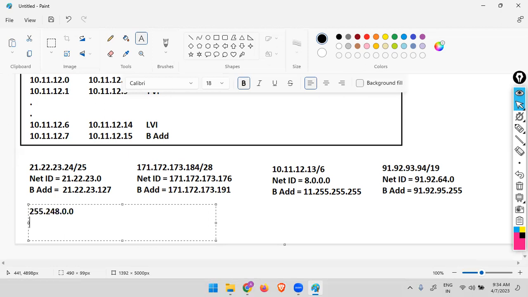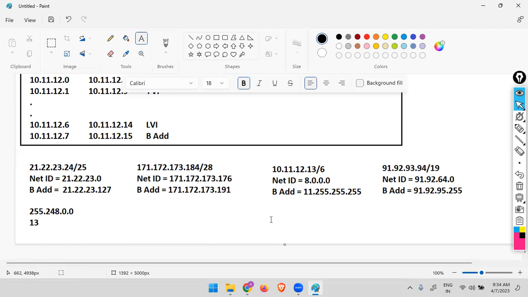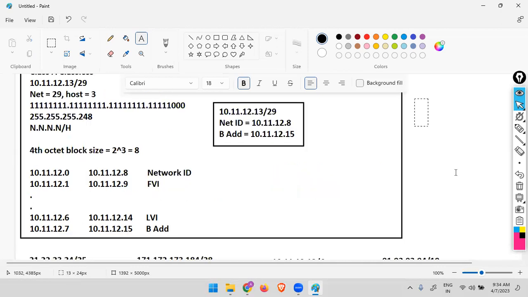Okay, 13. Why doubtful? See, you have to remember those values. That's why I gave you all those values, to convert from decimal to binary and binary to decimal. All you have to remember is just the numbering.